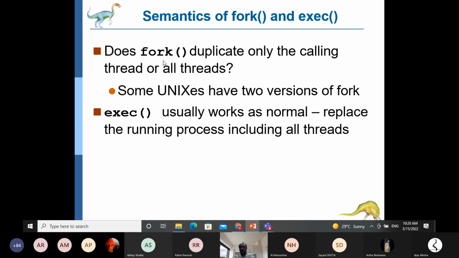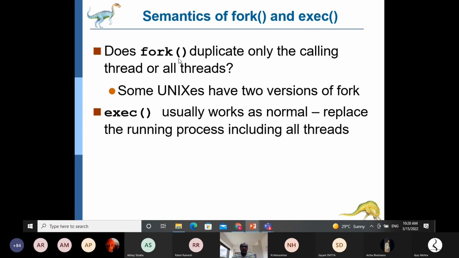It means, will the fork system call create a child that has all the threads the parent has, or is only the thread that executed the call sufficient for the child?